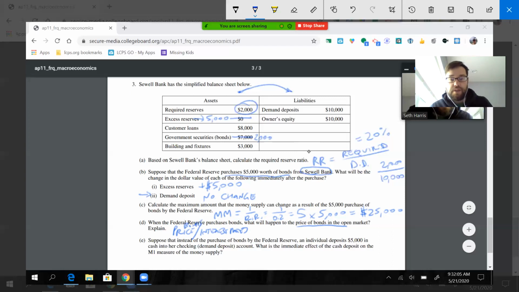So if one goes up, then the other is going down, or vice versa. They don't move in the same direction. So we need to know here what's going on when the Fed purchases bonds. What happens to interest rates?